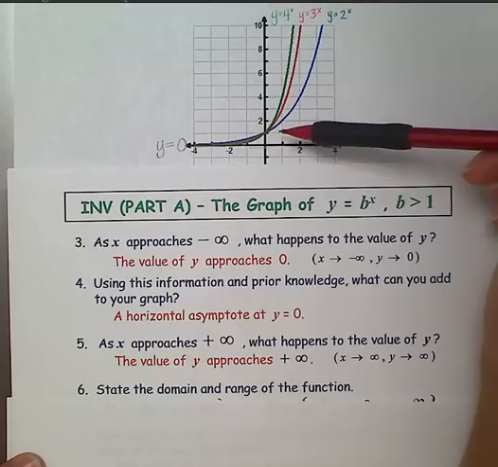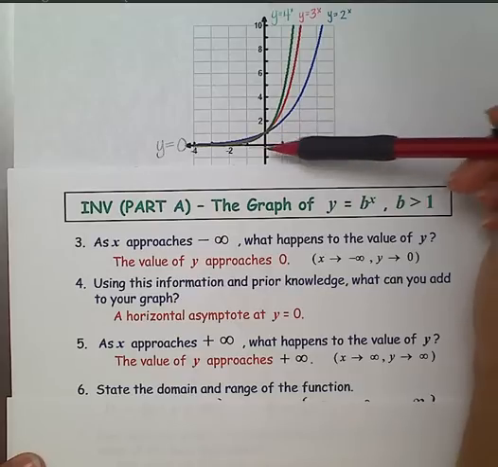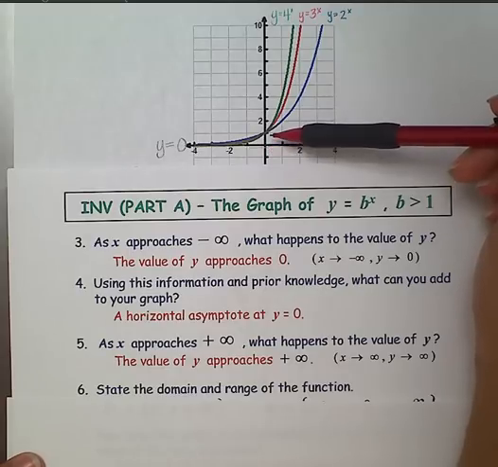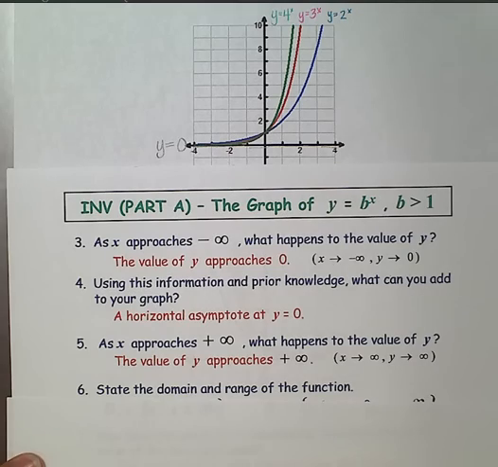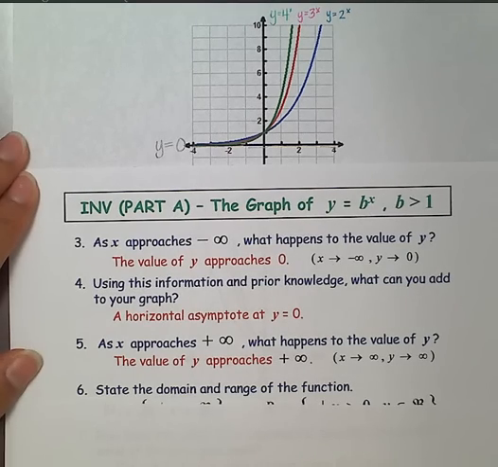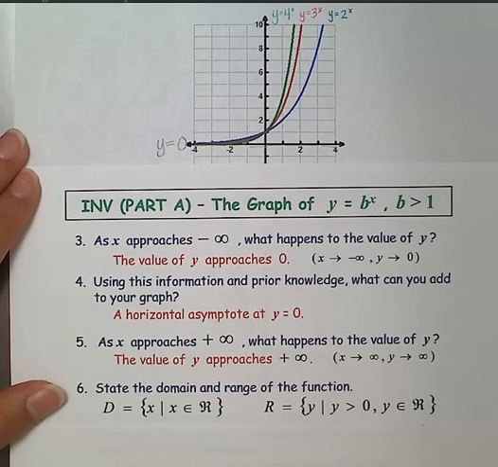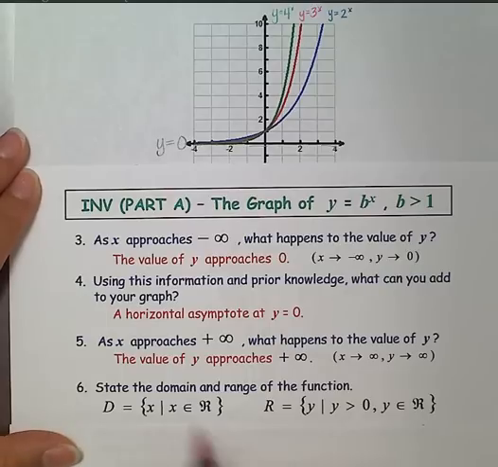Y is never negative unless transformations are applied, and y is not equal to 0. All the values of y are positive. So y is greater than 0, and y is an element of all real numbers. The domain is all real numbers, and the range is all real numbers such that y is greater than 0.